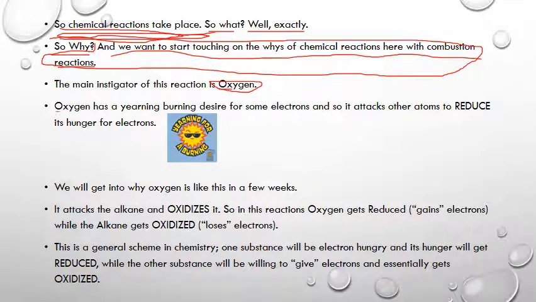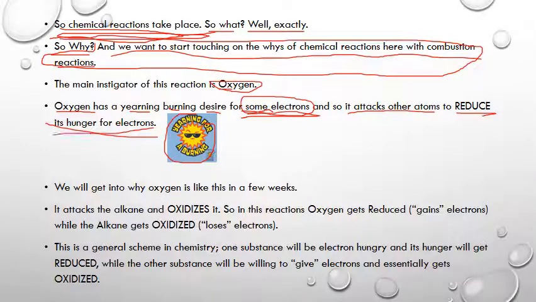So oxygen has this yearning, burning desire for electrons. It's really, really hungry. Yum, yum, yum. It's starving for electrons. And so what it does is it attacks other atoms so it can reduce its hunger. And it really does. It's really a hungry guy.